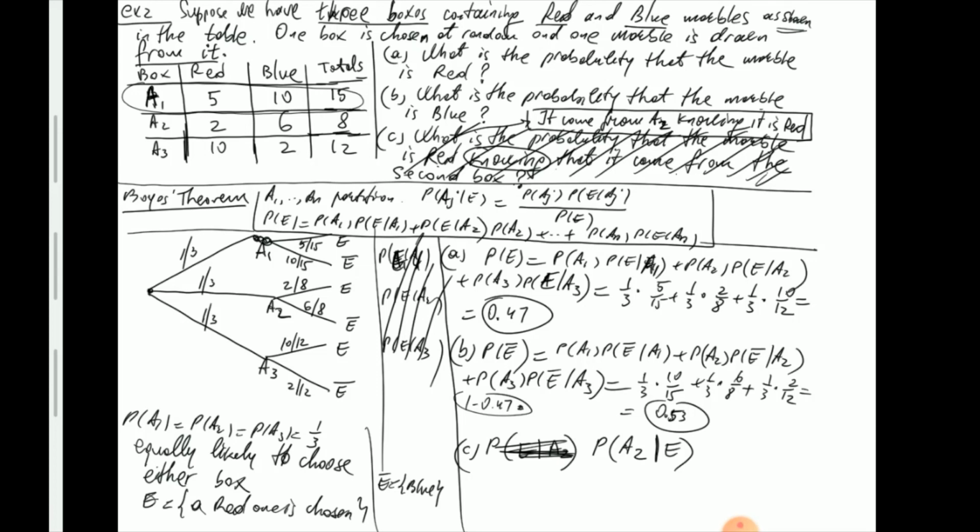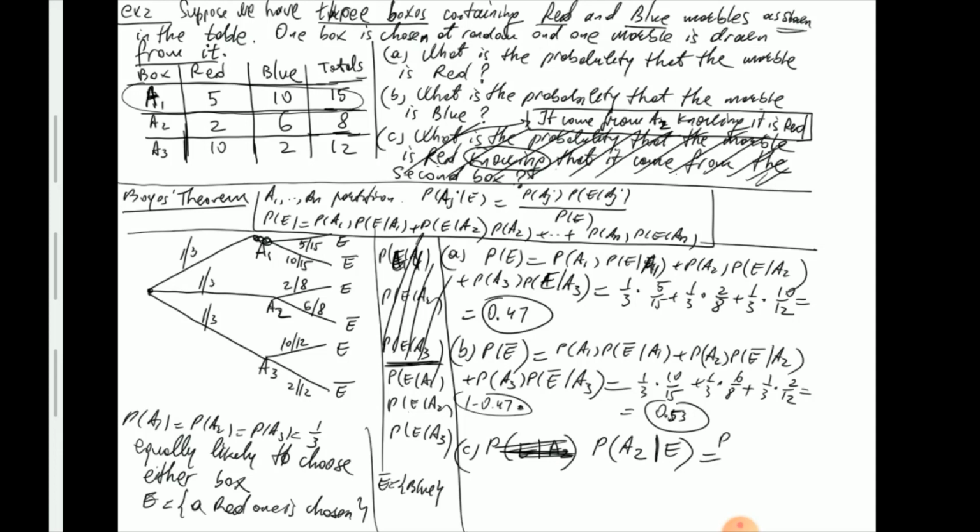Because again, like I said here, you are given in the tree these probabilities, E given A1, E given A2, E given A3. These are already given. So in other words, what I wrote in part C in the beginning was just E given A2, which is basically 2 over 8. So what I'm asking here is the reverse probability, which requires the first part of the Bayes theorem, right?